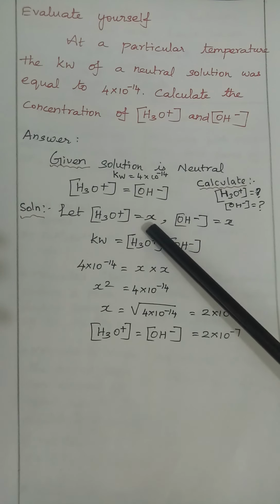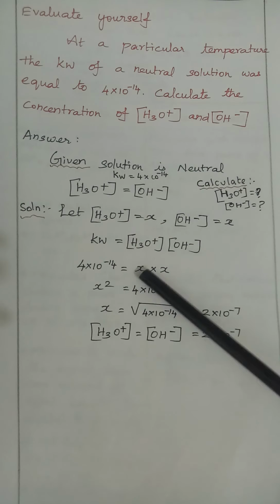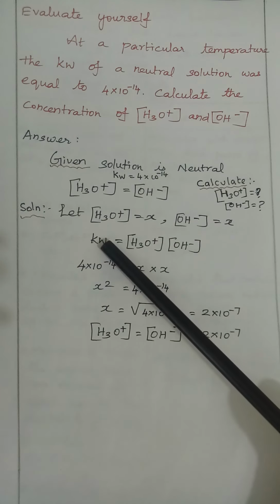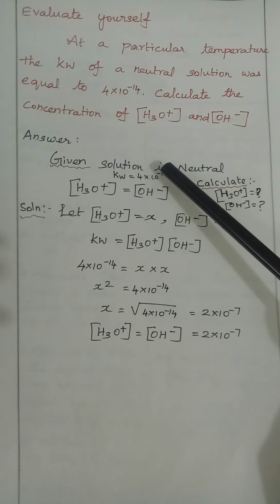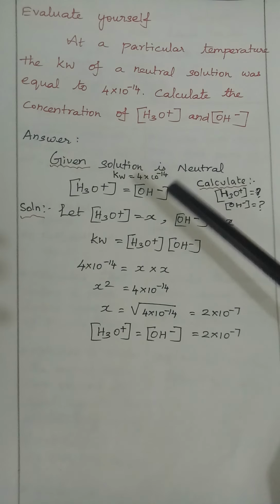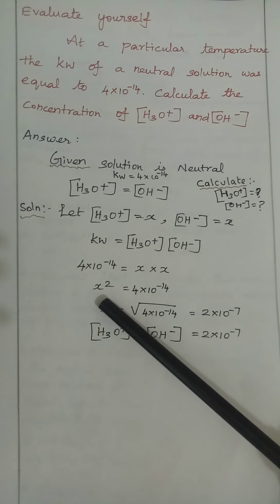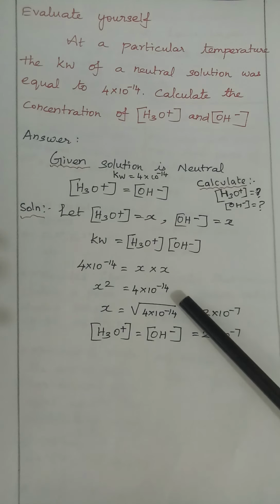So the H3O+ is replaced by X, and the OH- ion is also replaced by X. The Kw value is already given in the sum, equal to 4 × 10^-14. X times X, X squared, equals 4 × 10^-14.